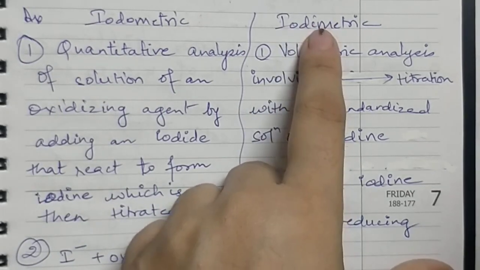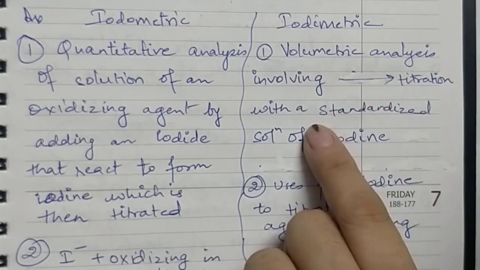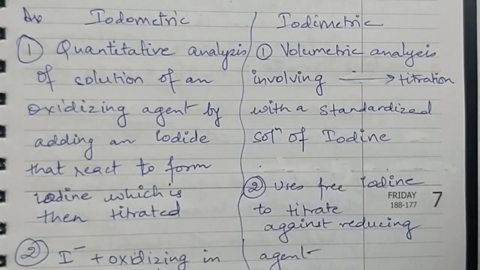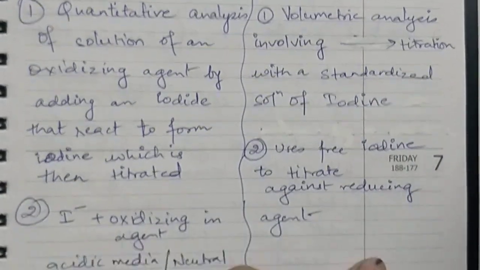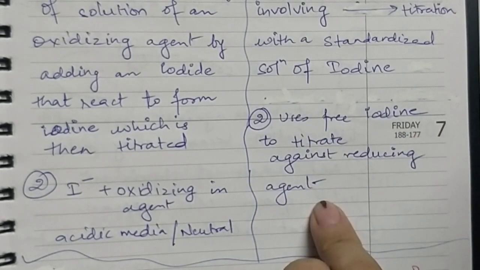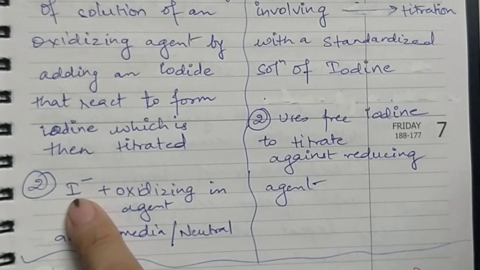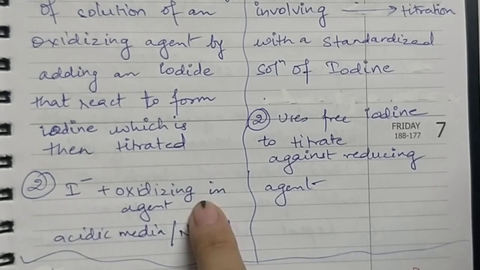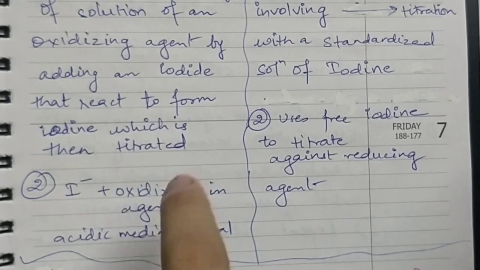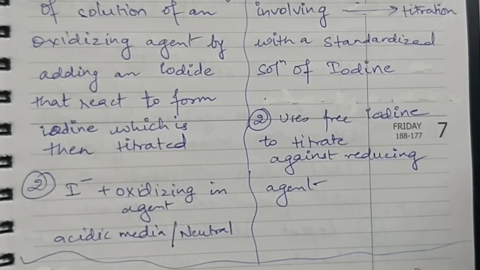And in iodimetry, you use a standardized solution of iodine and directly titrate it with the reducing agent, right? It basically uses free iodine to titrate against the reducing agent. Iodometry uses iodide ion which reacts with the oxidizing agent in acidic or neutral medium. This liberates iodine which is titrated against the reducing agent.